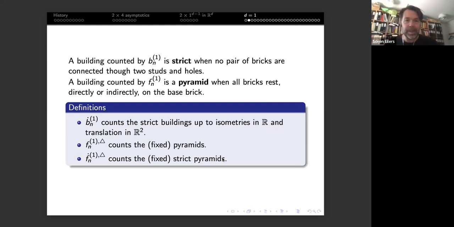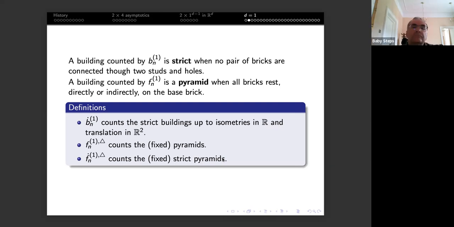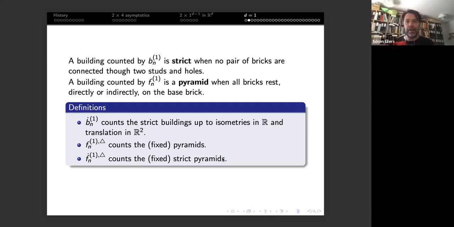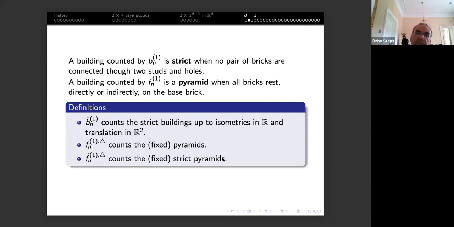Now I will say that a building that I'm counting by Bn in 2 dimensions is strict if two bricks are never put on each other like this. I'm just saying I only allow this one and that one. So that's a strict building. And then we say that a building is a pyramid if all bricks rest on the base brick.